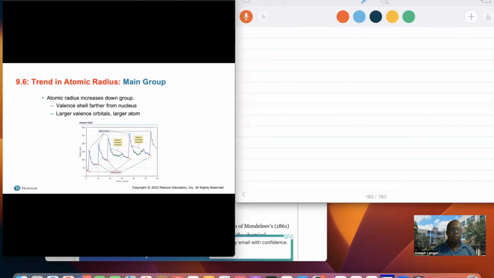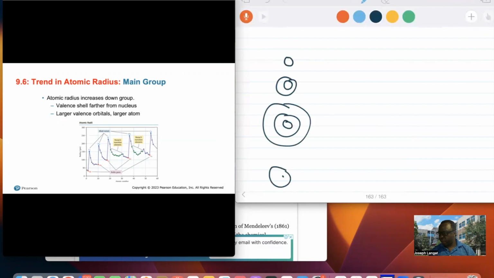But going down a group, the principal energy level increases. In other words, this is shell number 1, we have 2 shells, we have 3 shells, and if I have 4 shells, it keeps on increasing.